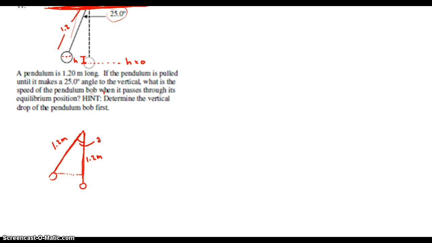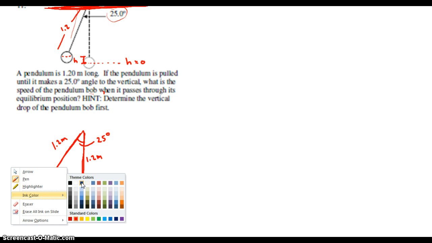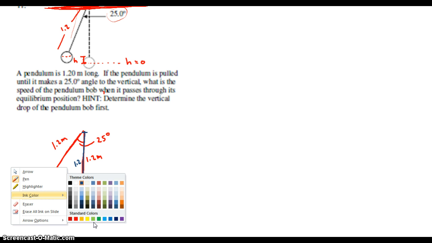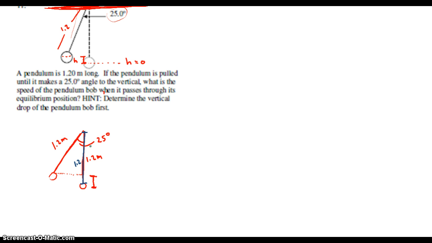So this angle is 25 degrees. If I want to find what this height is, let me use a different color. It'll help visualize this. This is 1.2. This is some side that we don't know, but we can find because we can use the hypotenuse and this angle to find this side.